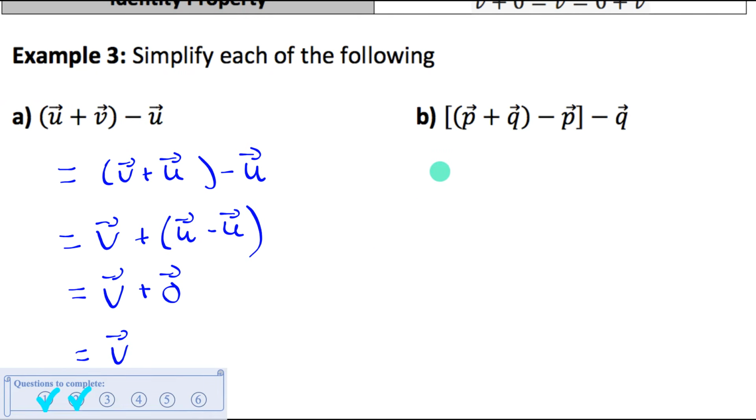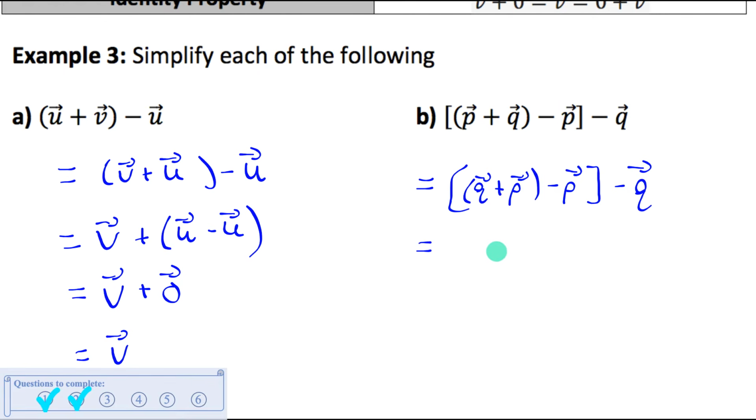All right, let's do the same thing with part B. I'm going to use the commutative property and rearrange the order of vector P plus vector Q to give me vector Q plus vector P. And now I'm going to use the associative property and regroup the vectors in the square brackets.